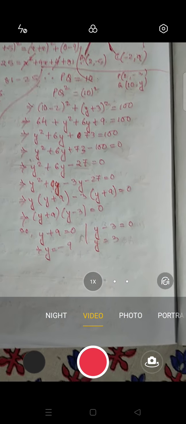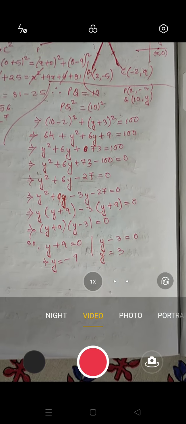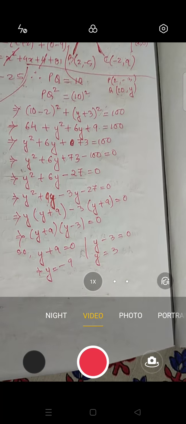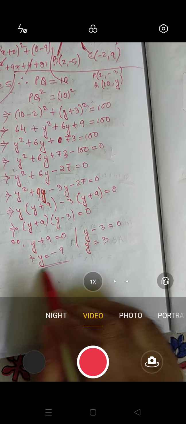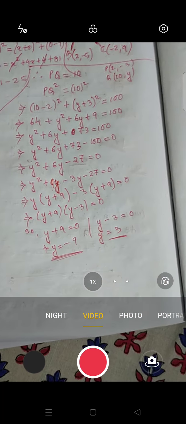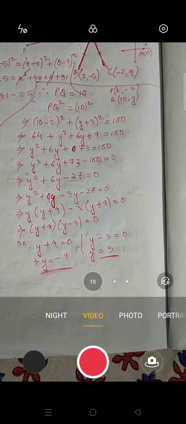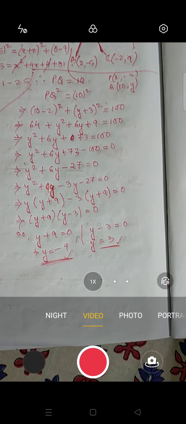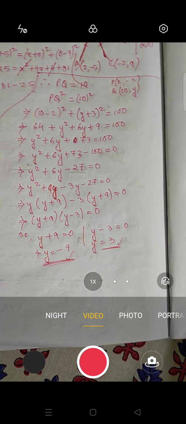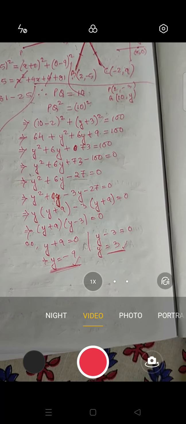Any problem? So you got these two values. Now the question is which one you will ignore, who can tell me?